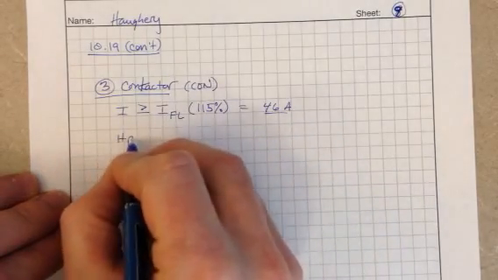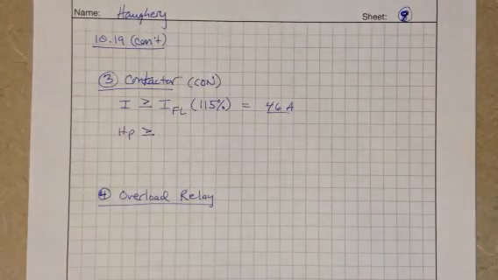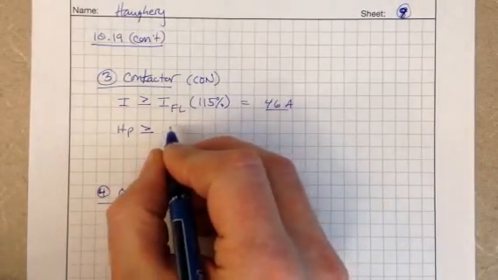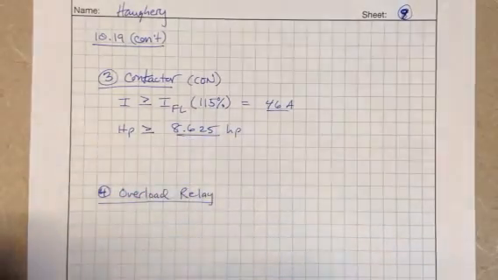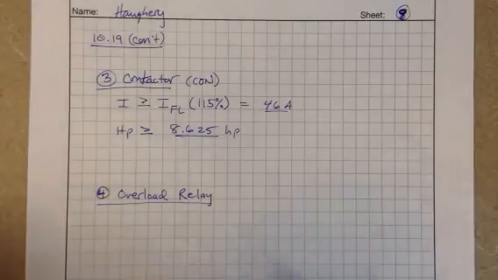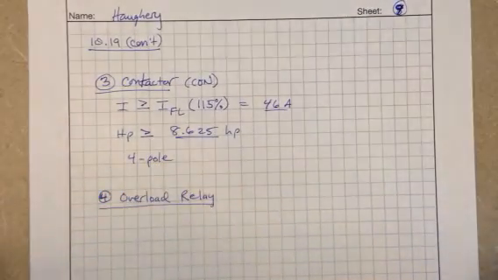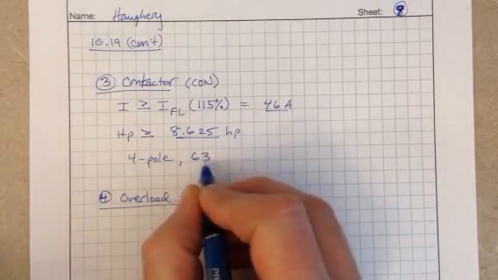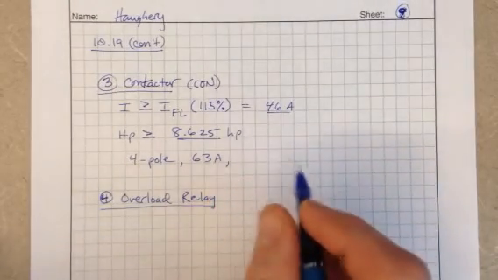Our horsepower rating, again, needs to be greater than or equal to our motor horsepower times our service factor. We looked at this previously as 8.625 horsepower. When you get contactors, they'll come in a 4-pole flavor, so they can be used for 3-phase if you need to, plus the fourth one is just an auxiliary. Most likely you'll have a 63 amp. That's a common amperage value when you get up into the 40, 50 amp ratings.